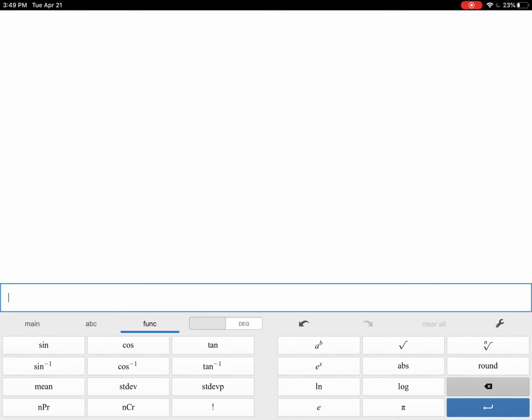You'll see at the top on the left, it says sine, cosine, and tangent. Those are the basic functions. And right beneath each of them is its inverse: inverse sine, inverse cosine, inverse tangent. Those buttons are what we're going to be using today in class. So go over and check and see if you can identify where those are.